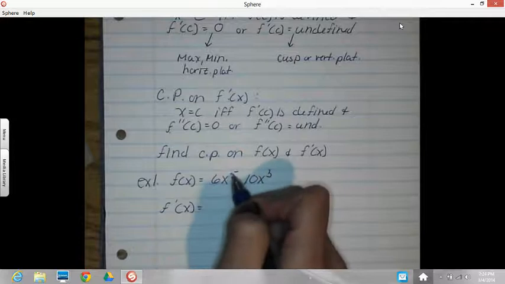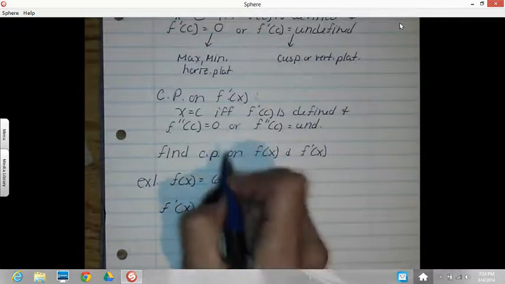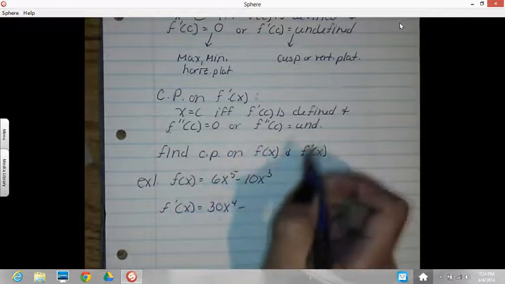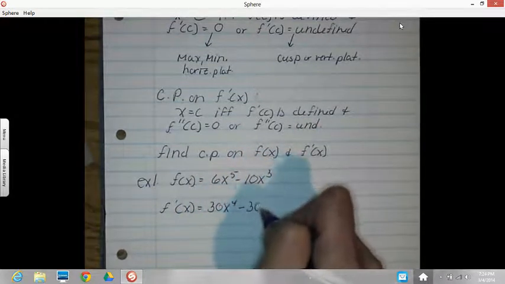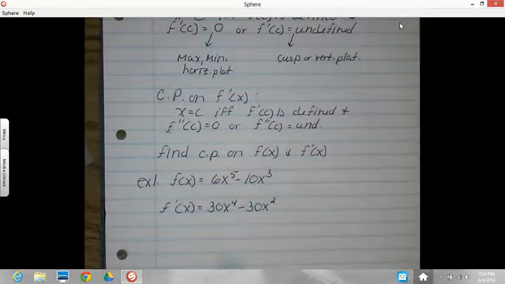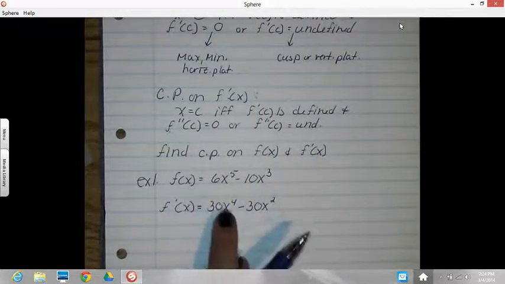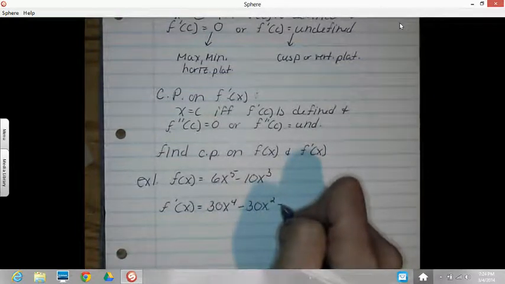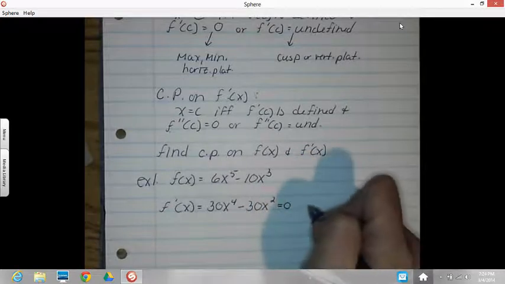Doing derivative, a little power rule here, 30x to the 4th minus 30x squared. So in order for there to be a critical point on f of x, this function here has to either equal 0 or be undefined.